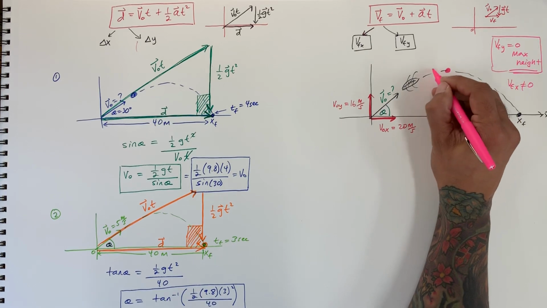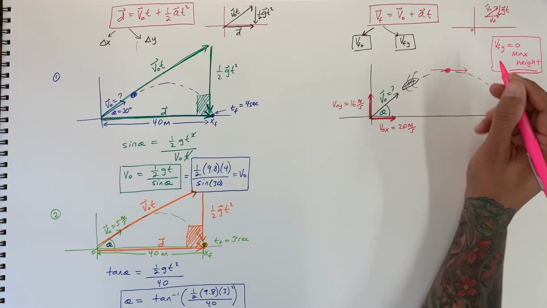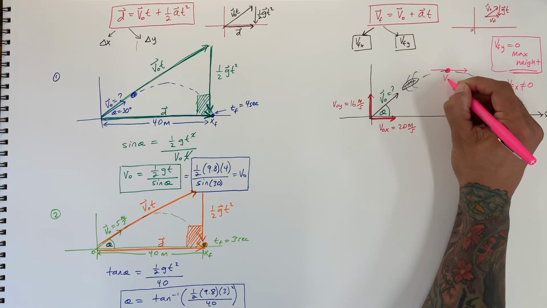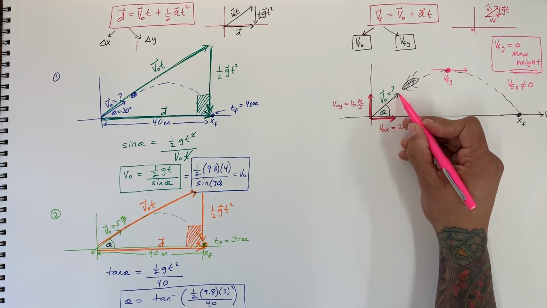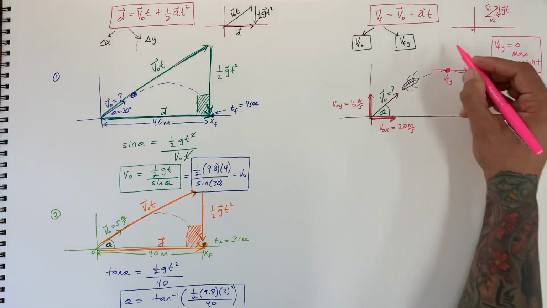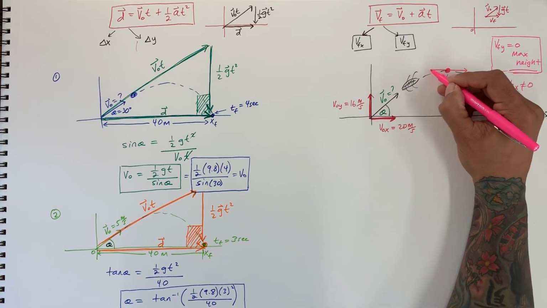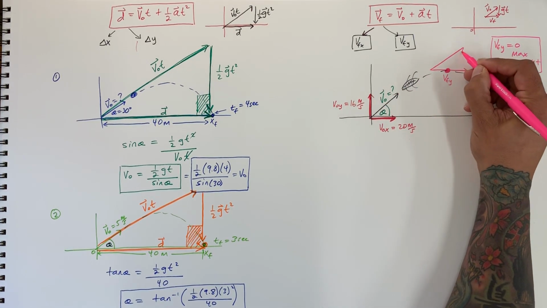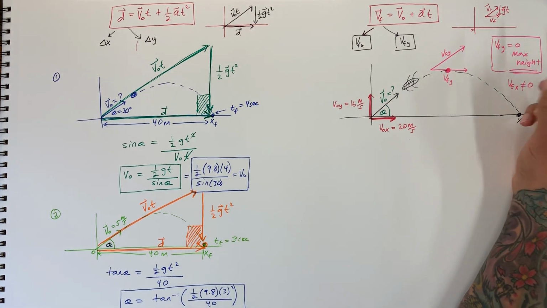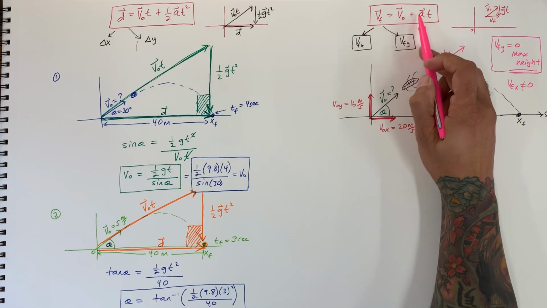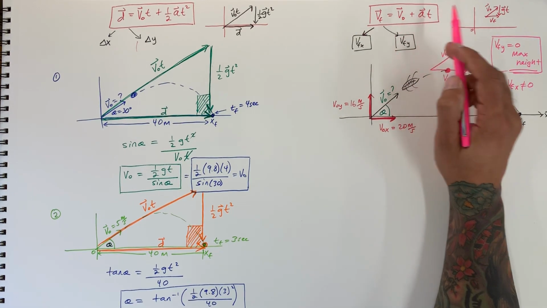So let's do this vector, which represents our velocity final in the y. Our initial velocity, right, has to be drawn the same, and so we have initial velocity in the y, right? And then we have gt.